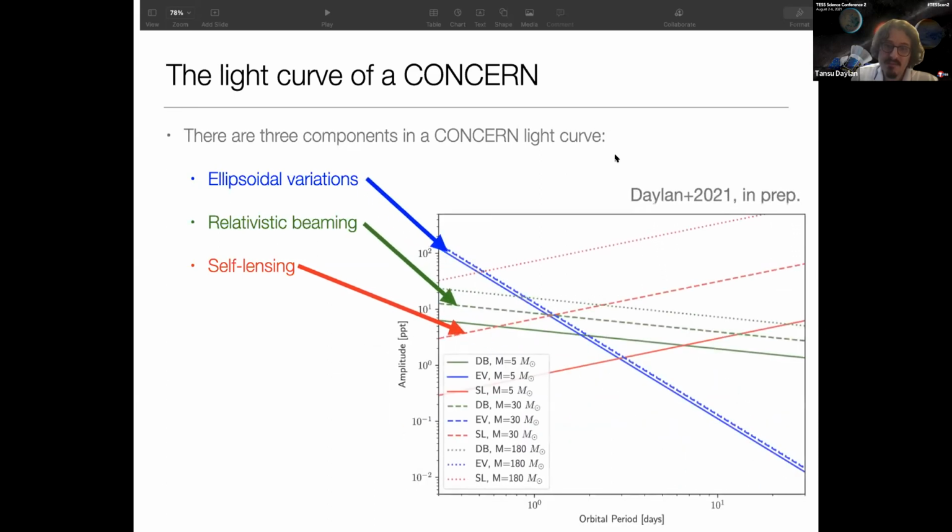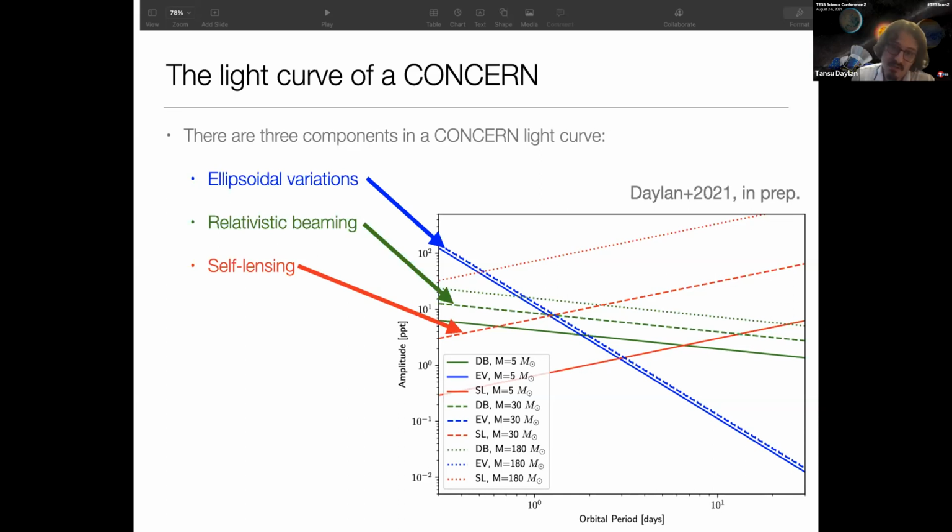And if you study the amplitude in units of parts per thousand as a function of orbital period, you can see that the self-lensing amplitude increases with orbital period, and the other two components decrease.